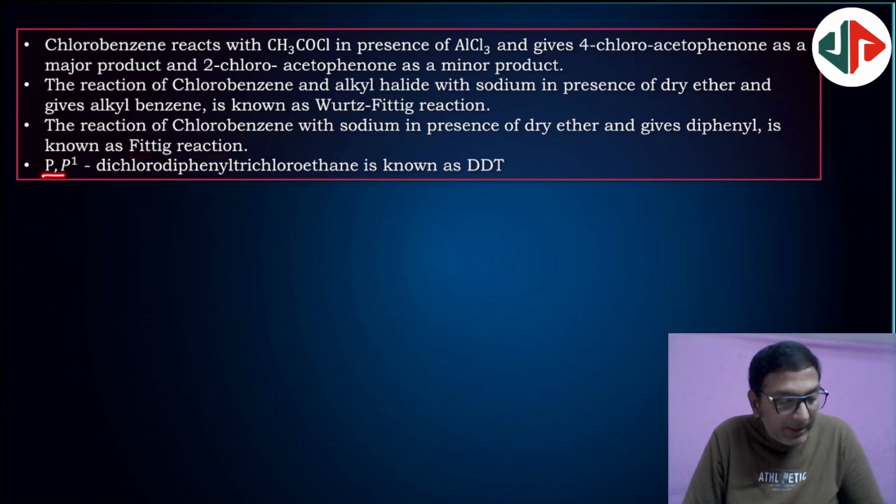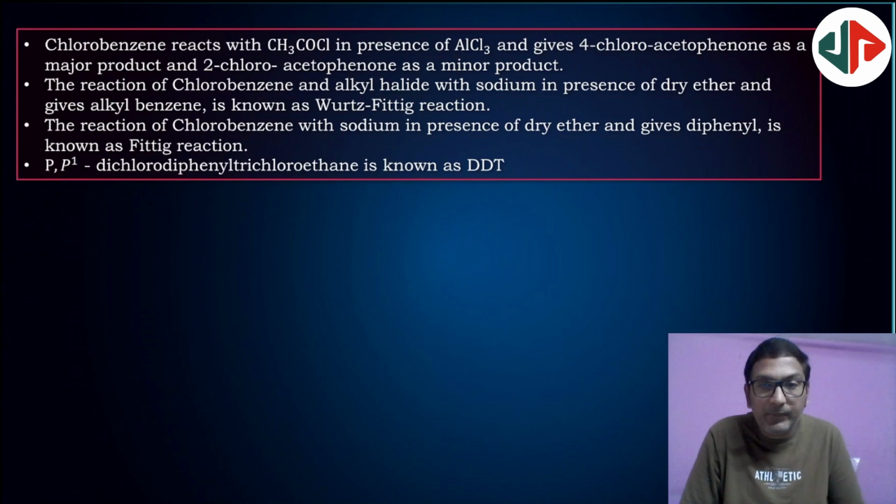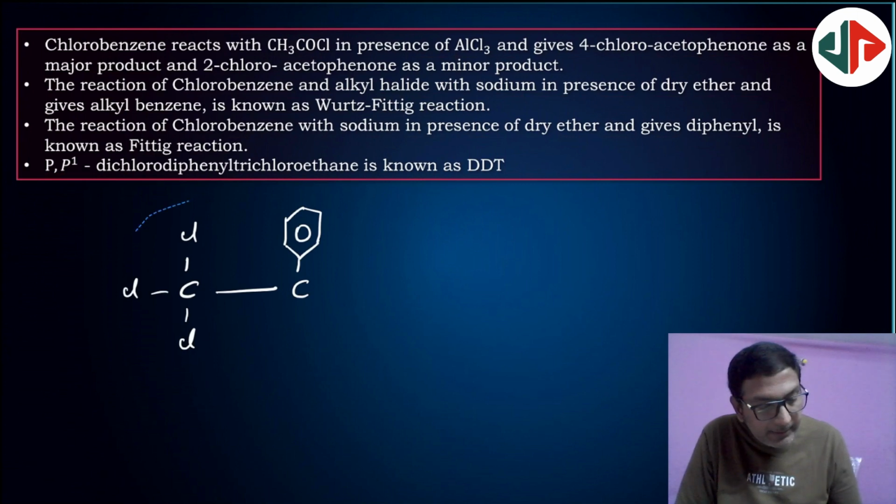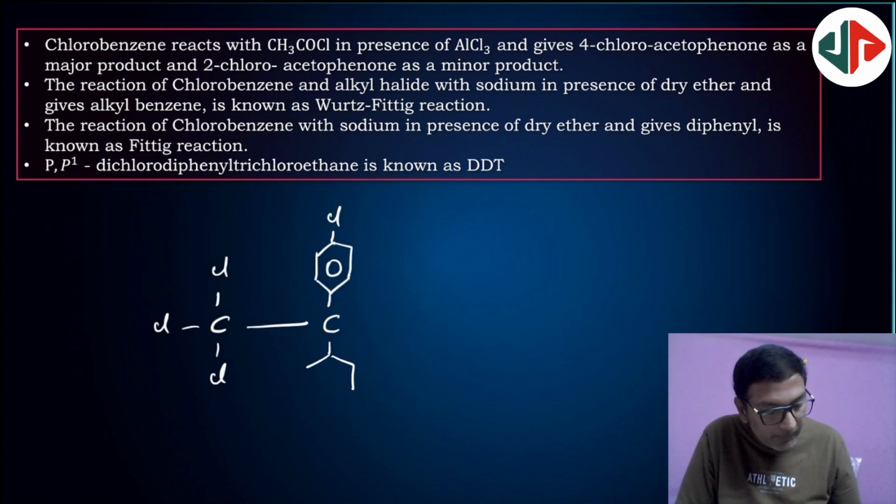Next, para-para-dichlorodiphenyltrichloroethane is known as DDT. So let's see the structure of DDT. Very, very important. 3 Cls, and here Cl. So two times it was asked in mains.